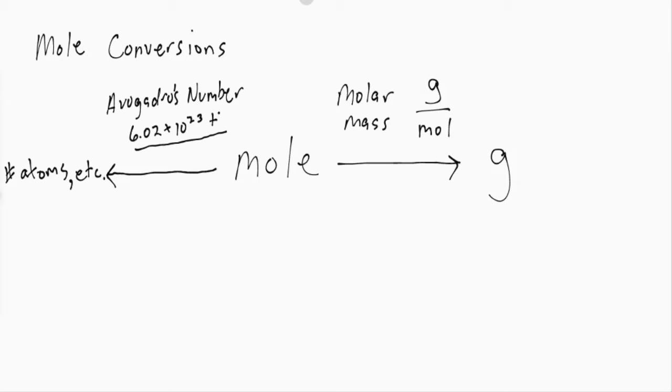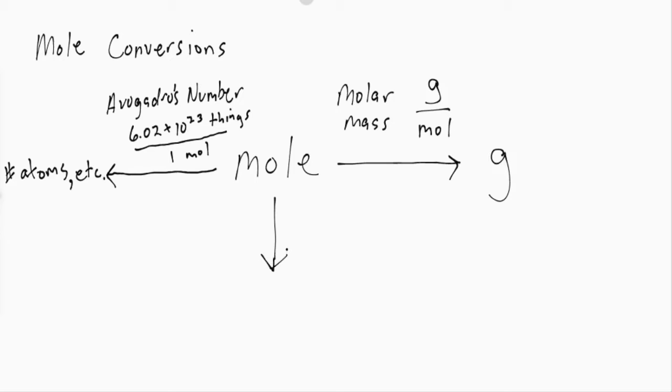So it could be things, whatever it is. In this case, I said atoms, but it could be anything: ions, protons, electrons, the number of things in 1 mole. Well, there's a conversion factor there, which should be recognizable to you if you went through the dimensional analysis study.